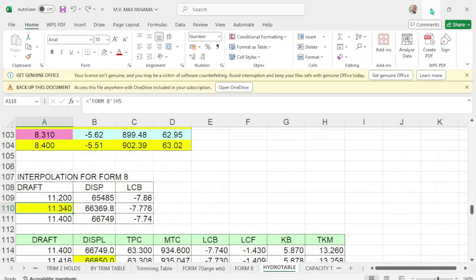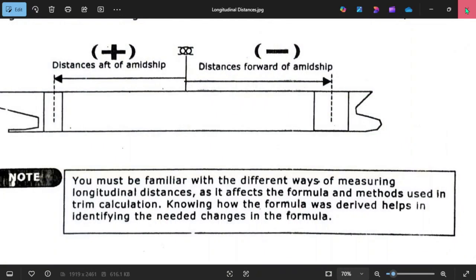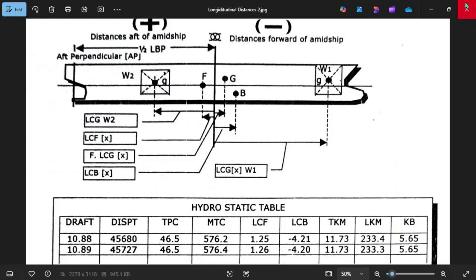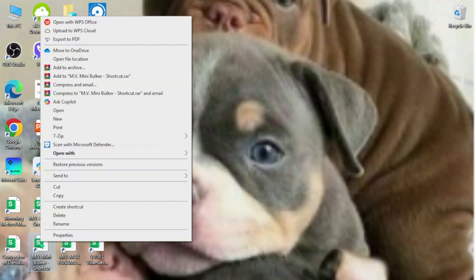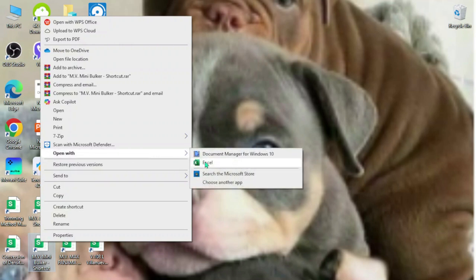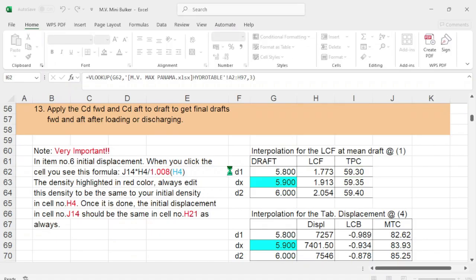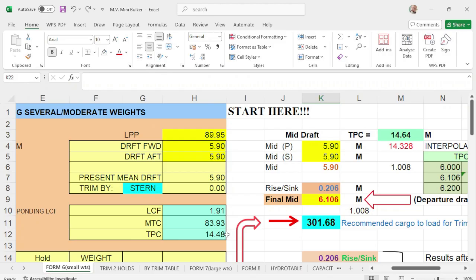To mini bulker, finish with this one. You go to mini bulker, this one, open, then Excel. Okay, so what does it say here?